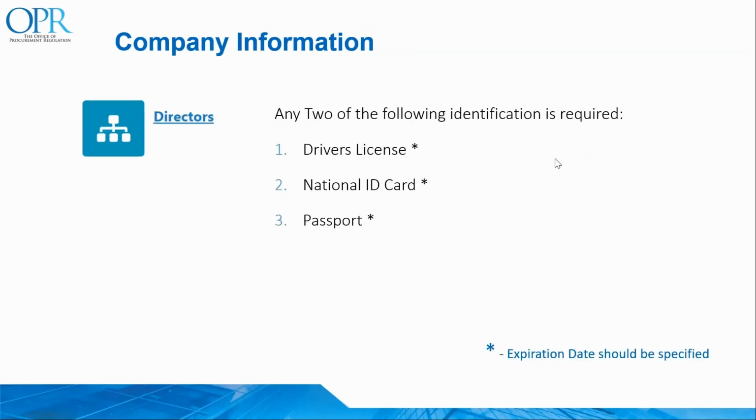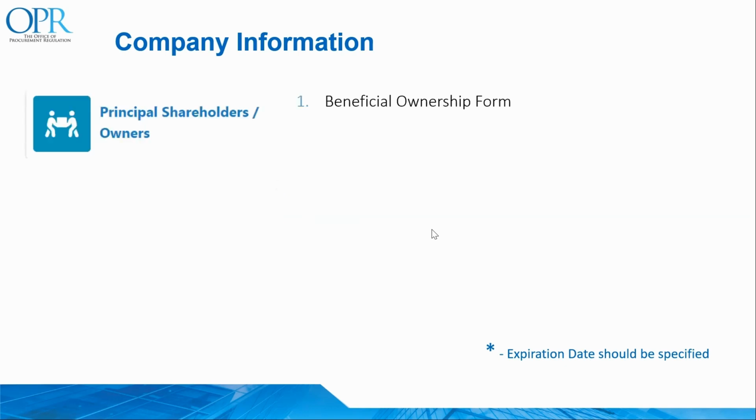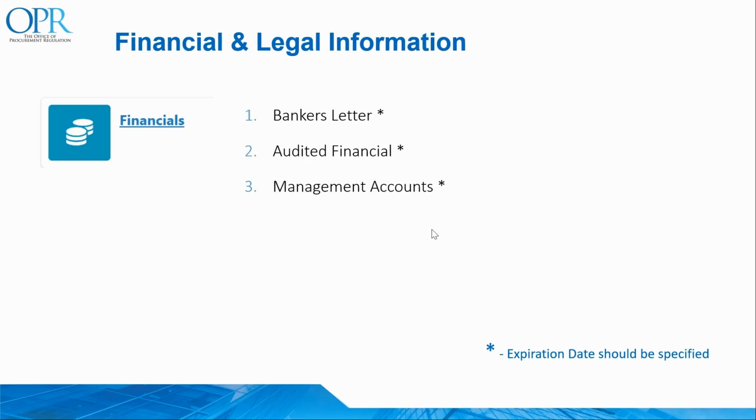If we look at the directors, the information that we will want to capture for directors is to supply at least any 2 of the following identification: driver's license, national ID card, or passport. And again, these will have expiration dates which you can set. In terms of principal shareholders and owners, there is a beneficial ownership form which users will be able to upload as well.